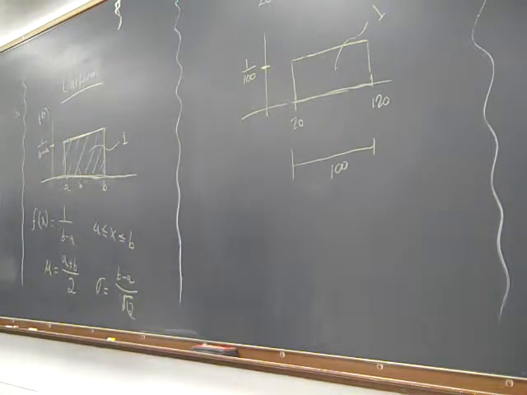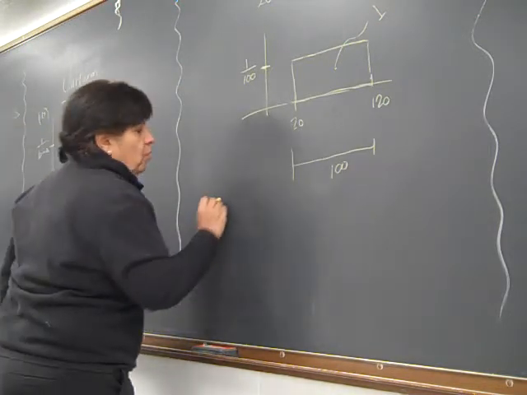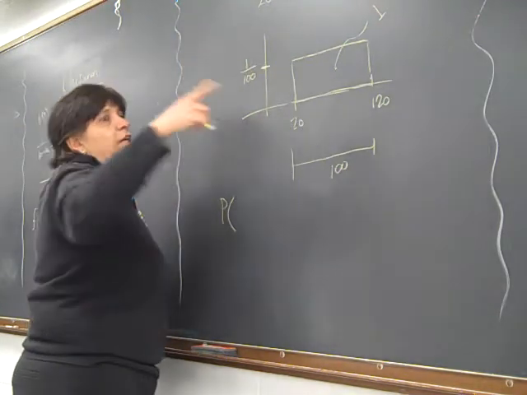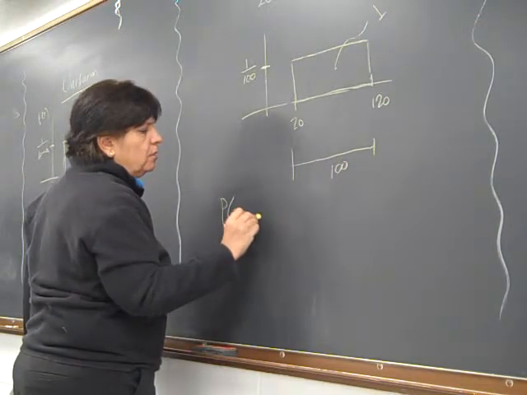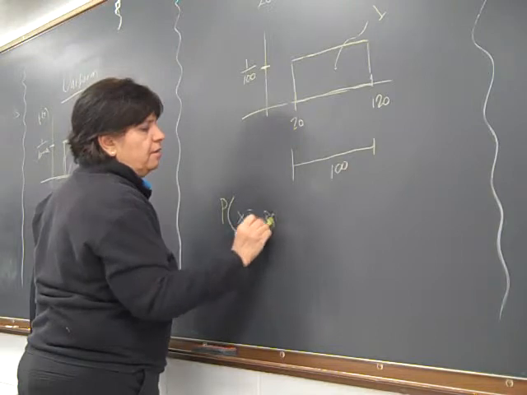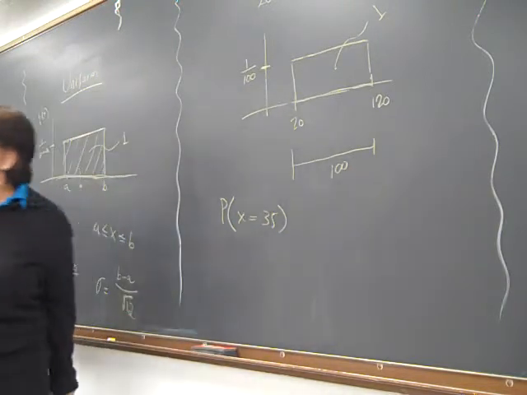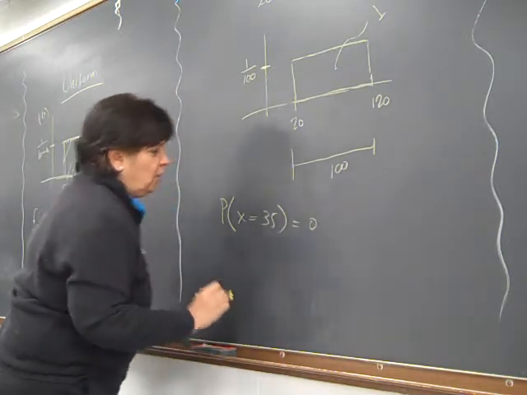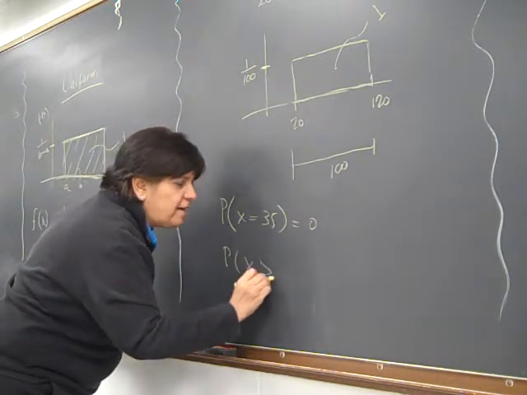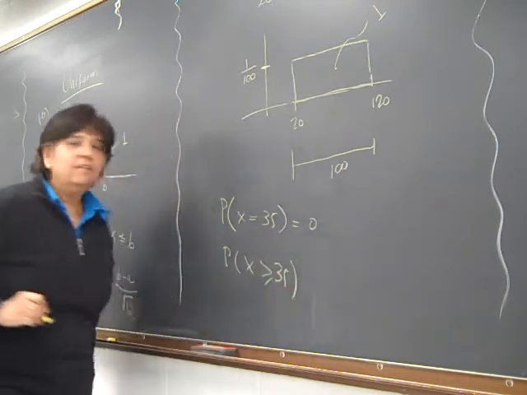And that's it. So if I ask you, what is the probability that your bill is equal to 35? What is that probability? 0. Yeah. What is the probability that x is greater or equal than 35?